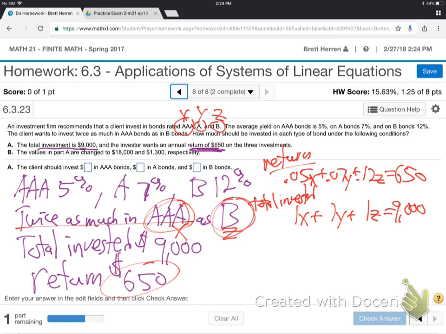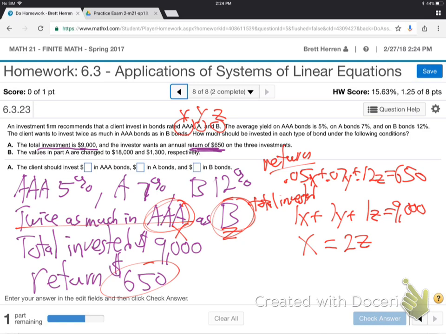Well, if x is the big guy and you want to make them equal, you've got to double the little guy, don't you? So x is 2z. Does that make sense? We're trying to establish equality, so we've got to double the z. Is that good there?